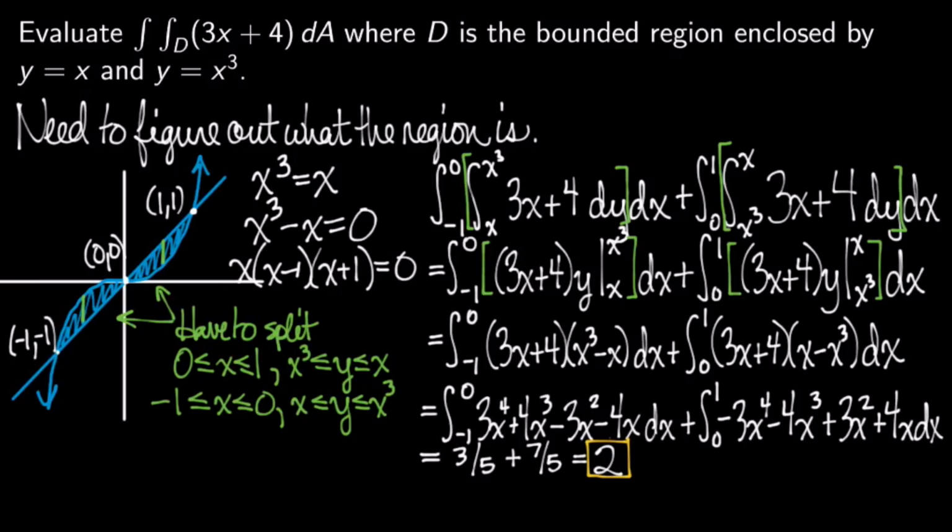If you were to grab Wolfram Alpha or something and plot z equals 3x plus 4, if you were to plot that surface, it would be a slanted plane. And so as we move in the direction of positive x, that plane is getting higher and higher. So this guy is going to have a way higher volume than this guy. So that's why these volumes are different, and you actually do have to do the two integrals separately.